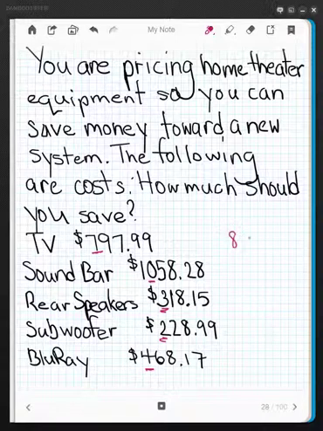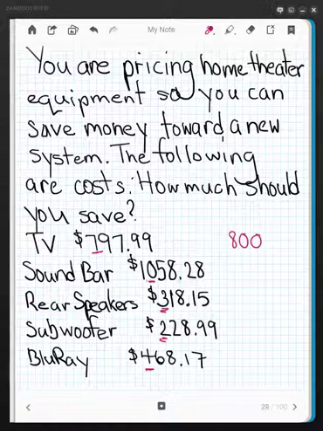So $797.99, that would be 800, wouldn't it? And $1,058.28, that would be 1,100. So you know about saying, if we're talking about hundreds, so we're just reading these two as this hundreds. Well, you can do that with the next two digits too. This number I call 1,100.